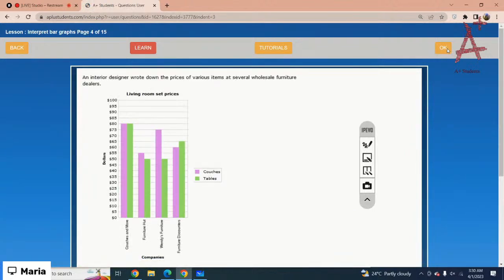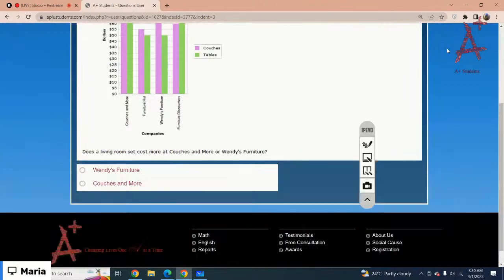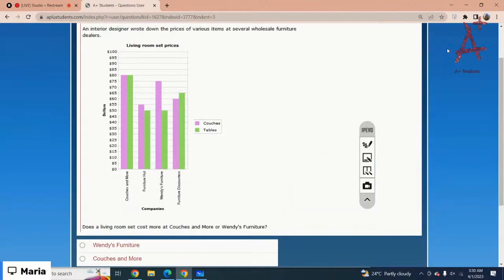Okay, the next one is an interior designer wrote down the prices of various items at several wholesale furniture dealers. So here is the graph for the living room set prices. Does a living room set cost more at Couch and More or Wendy's Furniture? Okay, here is Wendy's Furniture. Got it?